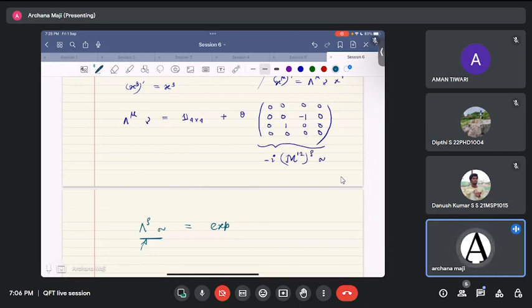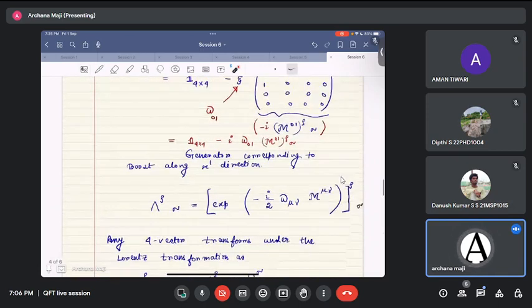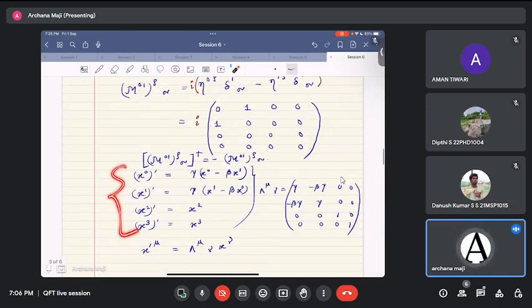So you are performing a Lorentz transformation in Minkowski space, which is 4-dimensional space. It mixes space and time if you are performing a boost, and if you are performing a rotation, it mixes your space coordinates. So the Lorentz transformations are defined like this for rotation, and like this for boost.